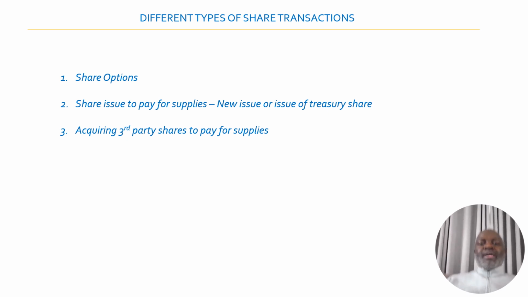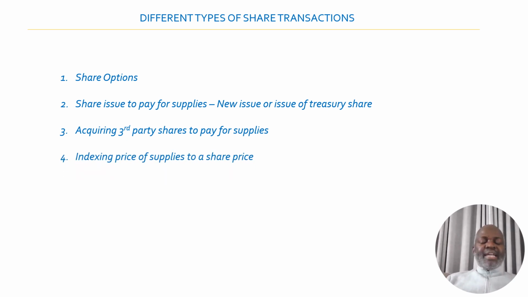So you say to your supplier, thank you for the goods or services that you've supplied, and in return, I will pay you by giving you shares in entity X. In item number 2 above, we're saying, thank you for giving us goods and services, here are our shares, whether we're issuing them for the first time or just collecting them from Treasury.